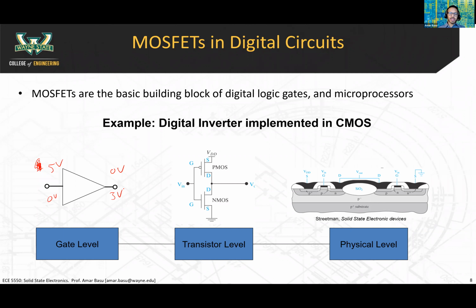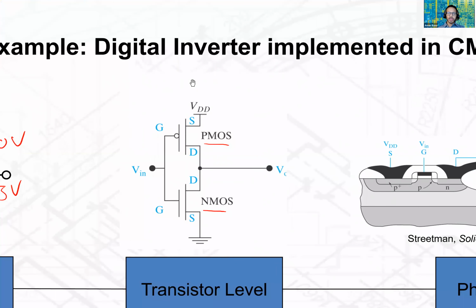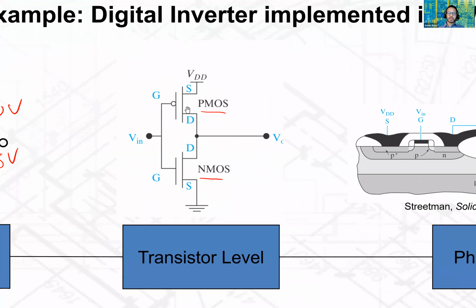And if you look at the inside of a logic gate, you'll see that it's actually made up of a PMOS device and an NMOS device. You can see here that this is a supply voltage, this is ground, and this is your input voltage.